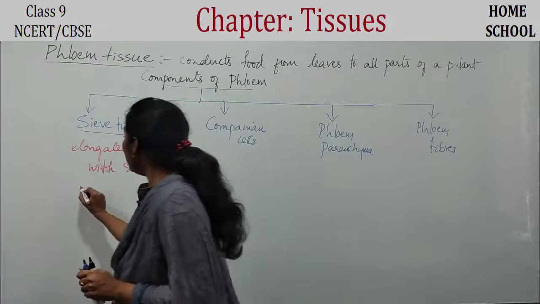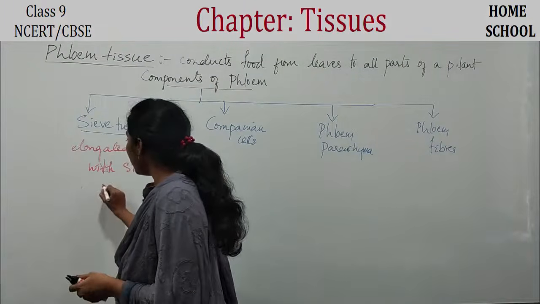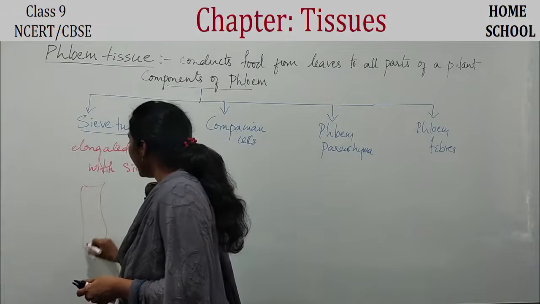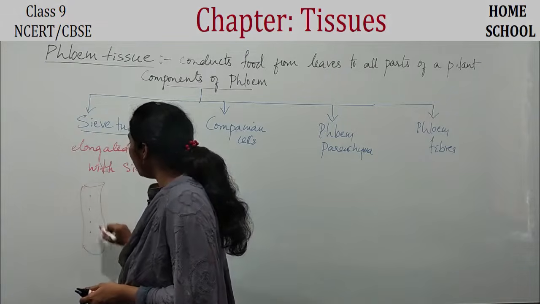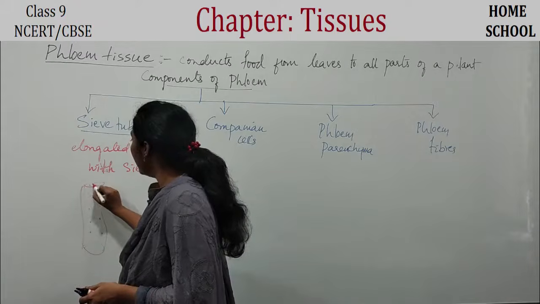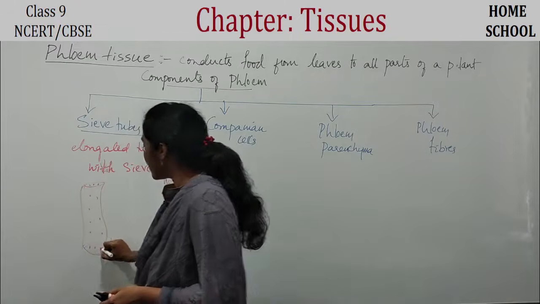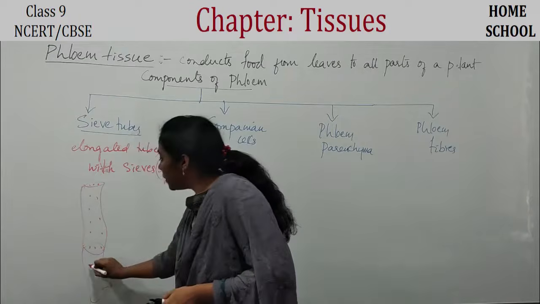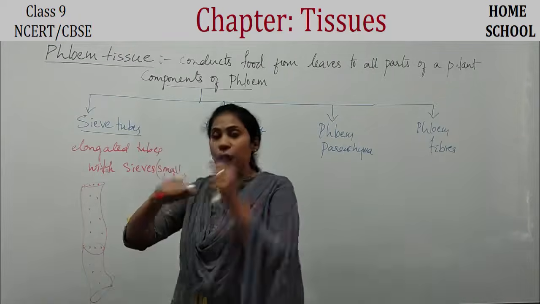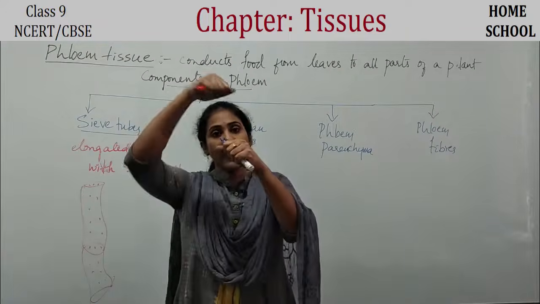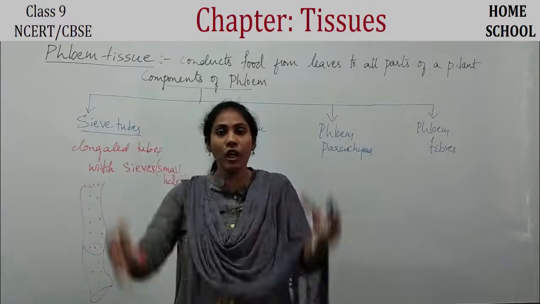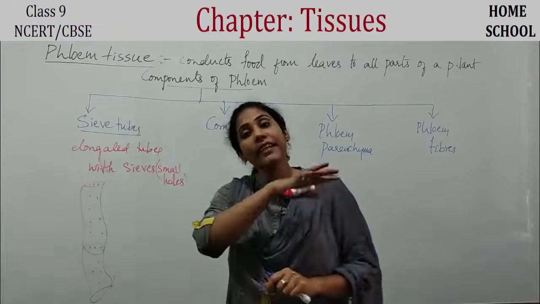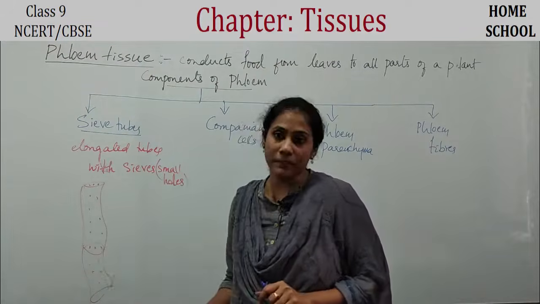If you want to see their structure, this is how they look. Elongated tubes, right? And all over small pores would be there. See, like this. This is one sieve tube and this is another sieve tube. One sieve tube is placed on another. It goes on as a long channel of sieve tubes continuously present all over the plant body.